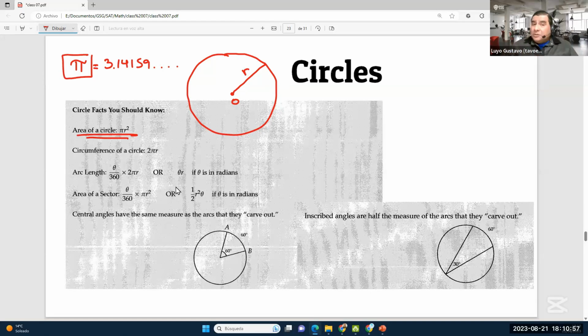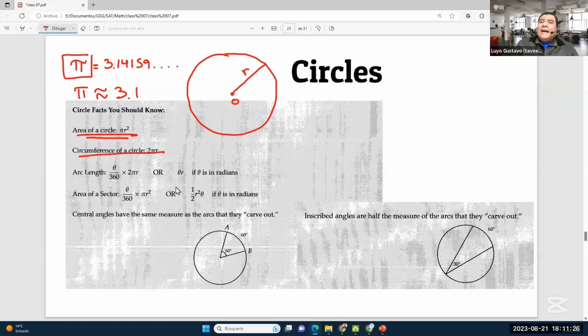If you ever need to calculate an approximate value for a result including pi, as an approximation, 3.1 will do, no problem. Forget about 3.1416, too much. The circumference, what is the circumference? It is the length of the border of the circle. 2 pi, or 2 times pi times the radius.